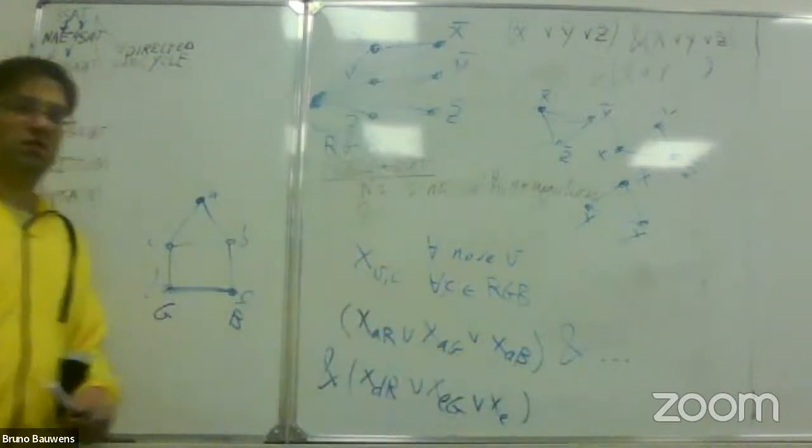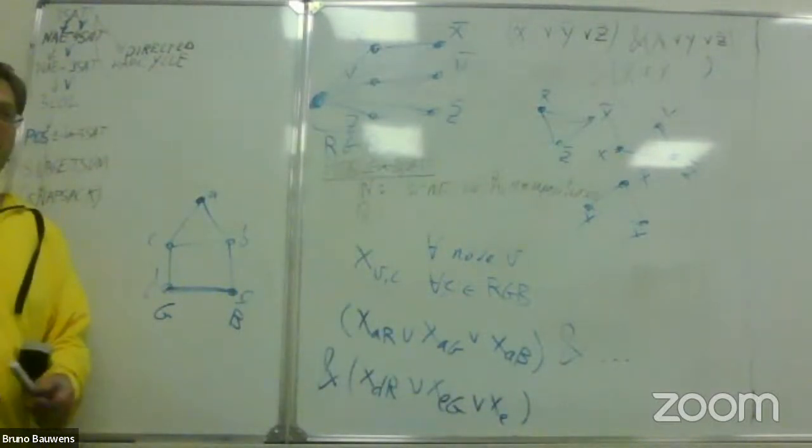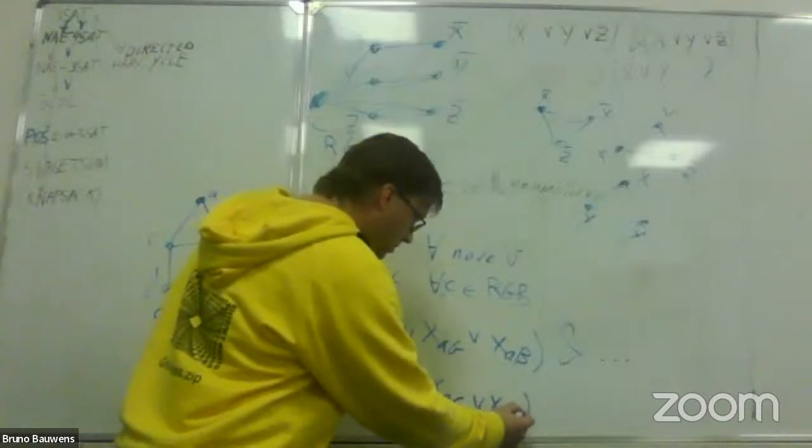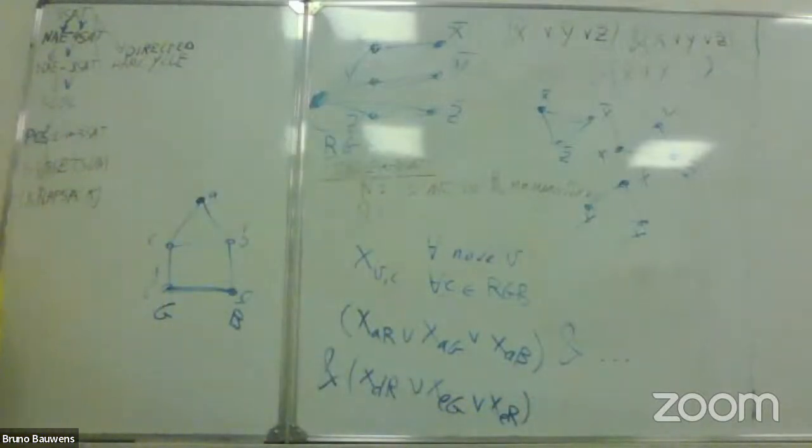We have too many possibilities, so they can be all 3 to 0.